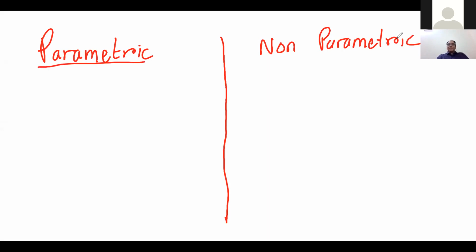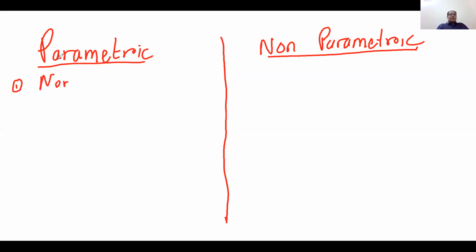The difference between them: number one, in parametric test, the most important is normal distribution, so your variables should be normally distributed.